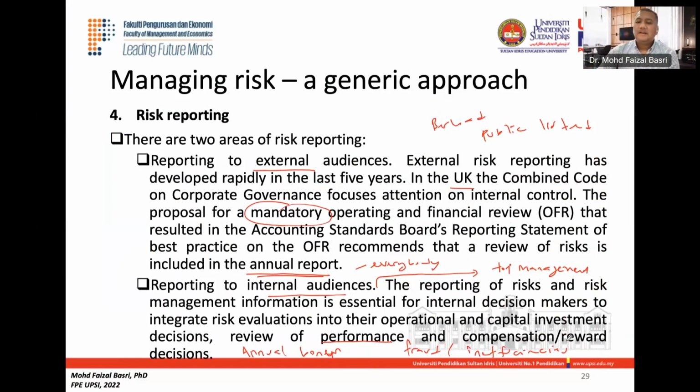So I think that's about it when we talk about how to manage risk in a general approach, a generic approach. They have the risk assessment as the first step, whereby they need to identify and label the risk.